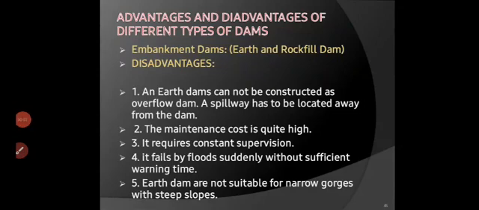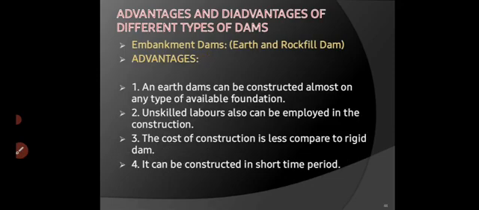Let's see the advantages and disadvantages of different types of dams, starting with the embankment dam. The advantages are: an earth dam can be constructed on almost all types of available foundation. Unskilled laborers can also be employed in the construction.